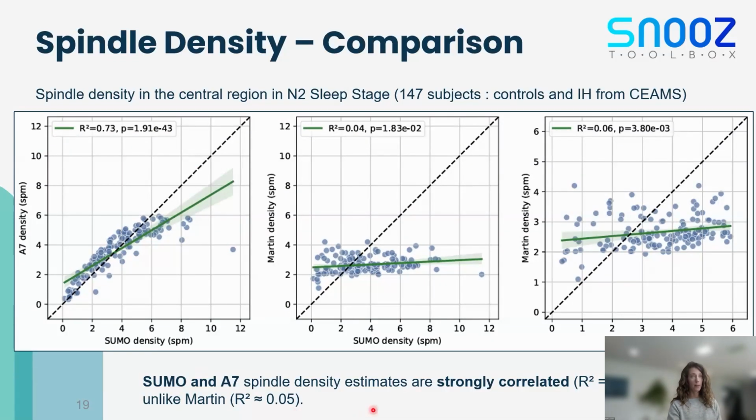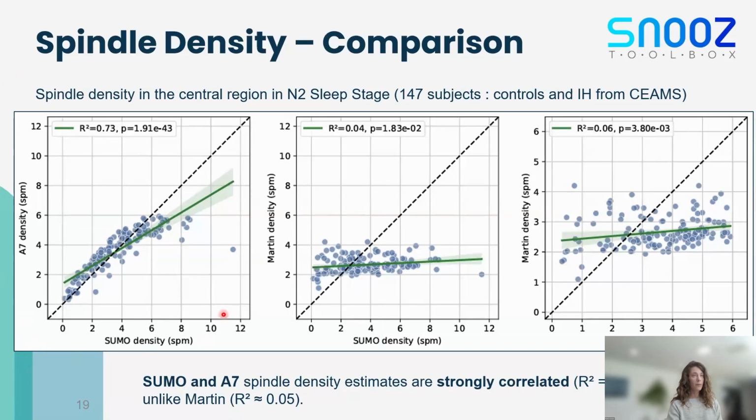The following 2 slides compare the 3 spindle detectors. So this figure shows spindle density in the central region during N2 sleep stage for 147 subjects from SIAMS. It's the hypersomnia cohort, and it includes controls.